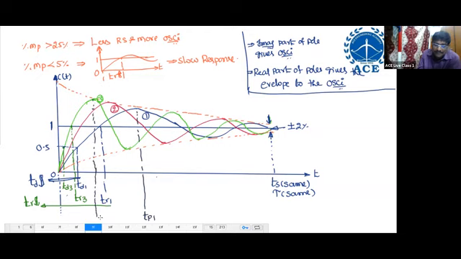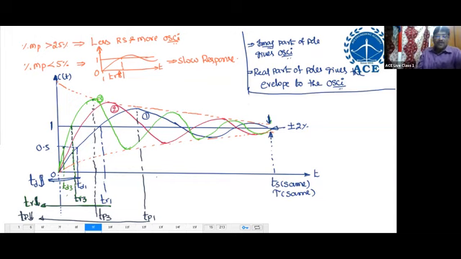This is TP3. What happened? Peak time is also decreasing. So delay time decreasing, rise time decreasing, peak time decreasing, yes or no? So TD decreasing, TR decreasing, TP decreasing.